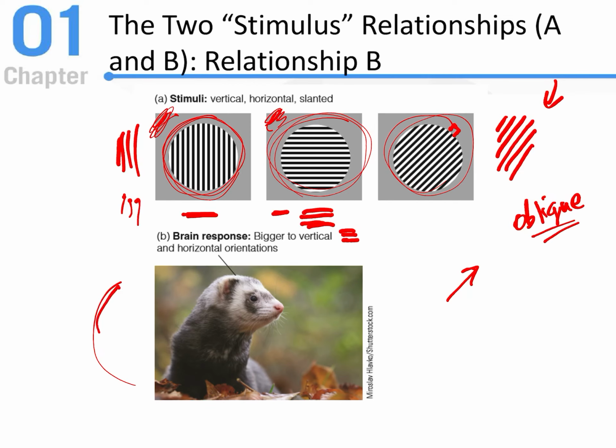Now, when it comes to ferrets, for example, you can look at the physiological response better in animals because you're able to actually open up the brain of an animal and place electrodes directly on it.